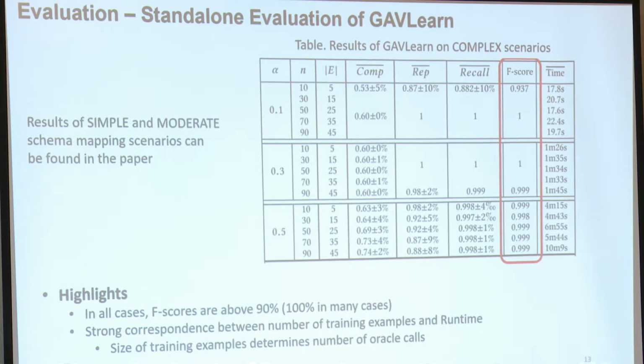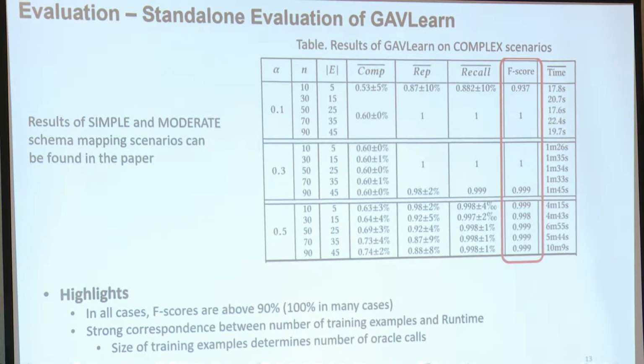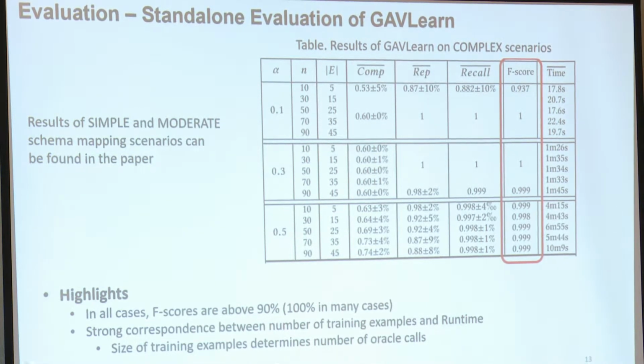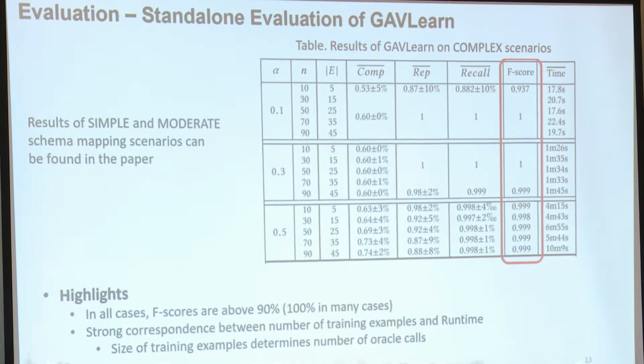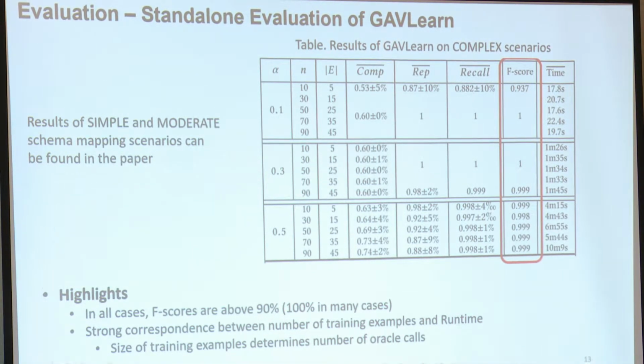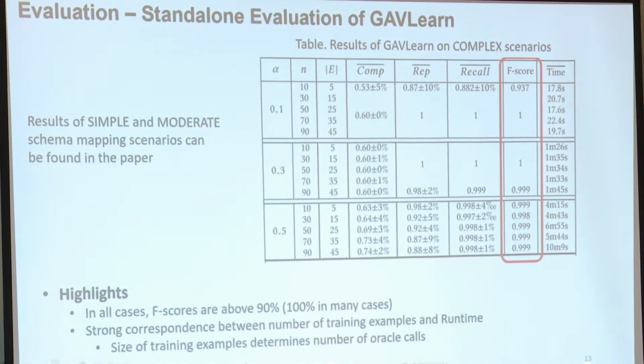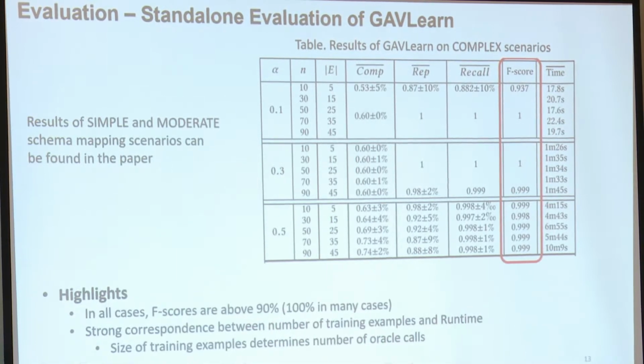So this shows that the algorithm is highly effective at finding very high quality schema mappings. We also observe there's a strong correspondence between the number of training examples and the runtime of the algorithm. This conforms to our expectation because the size of the training examples determines the number of oracle calls that we issue to the black box.